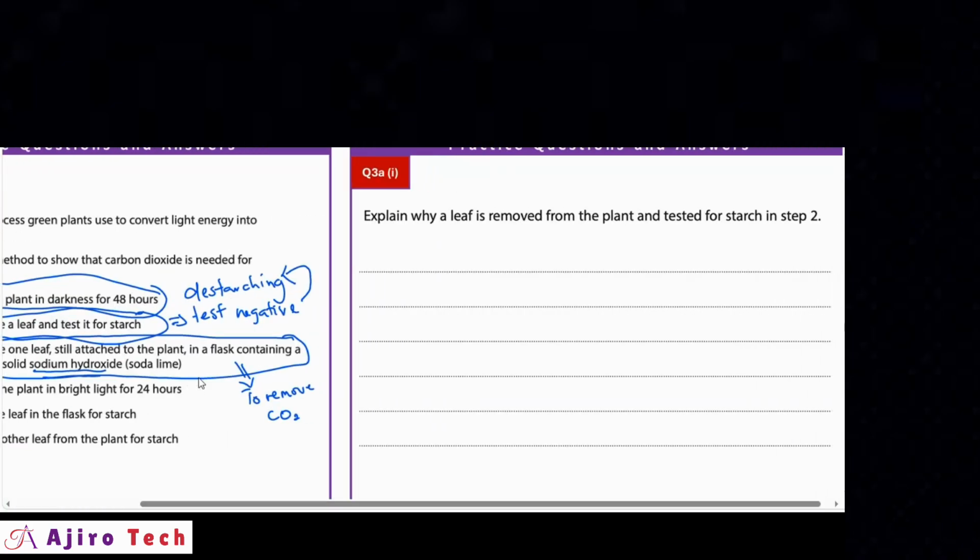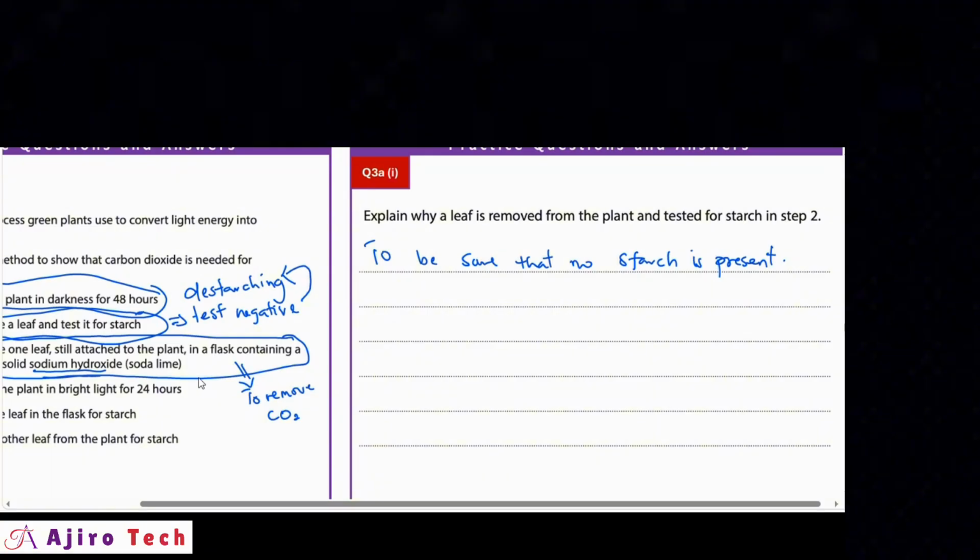The reason why we are doing that is to show that no starch is present. To be double sure that no starch is present.